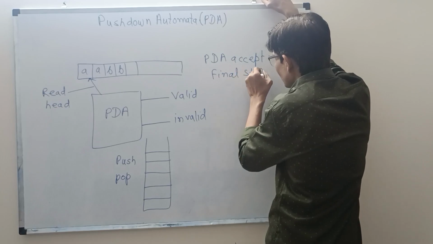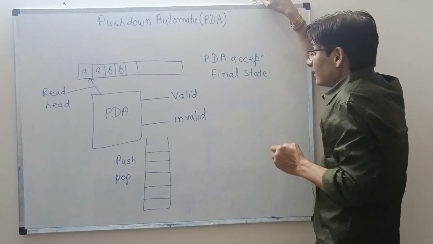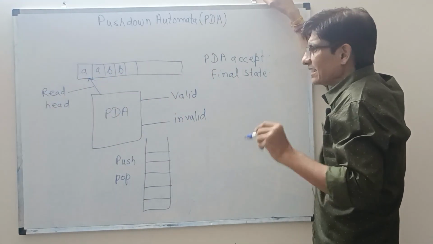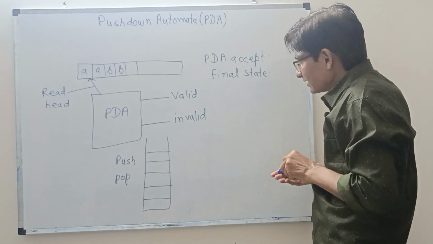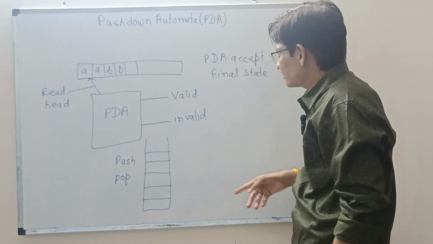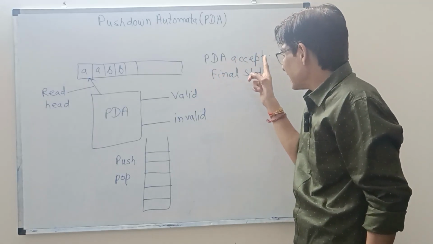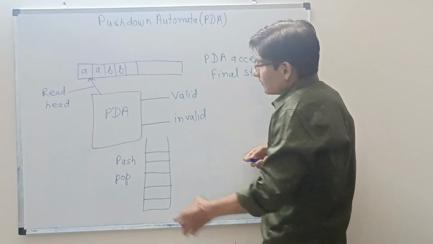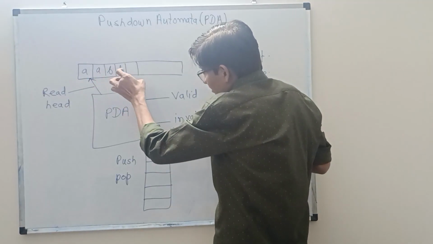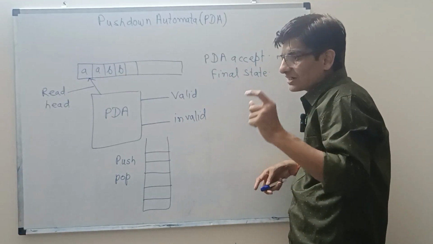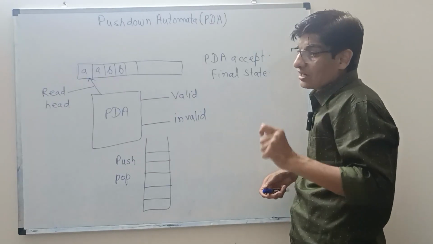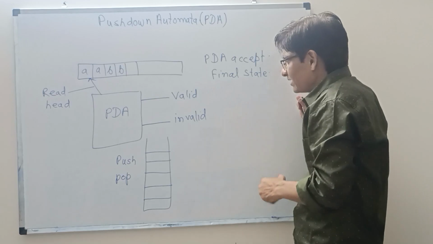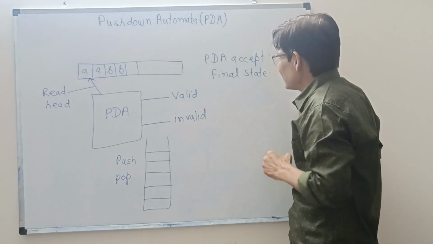In this type, if after reading the complete string the PDA is in one of the final states, then this string is considered valid. Otherwise, it is declared invalid.